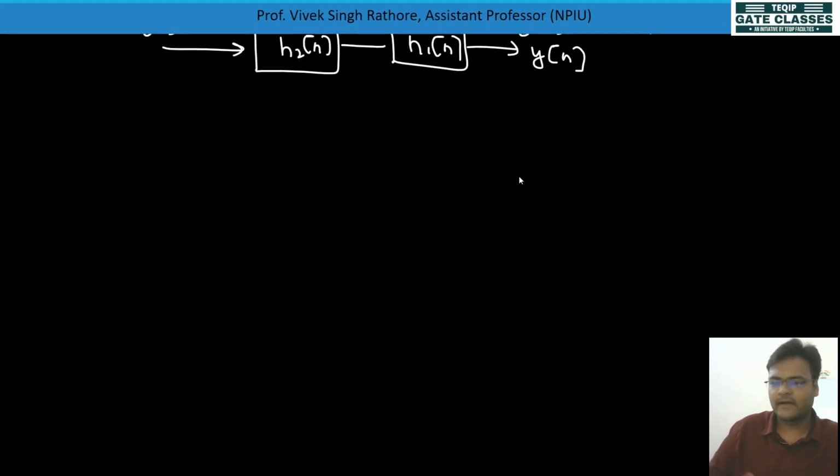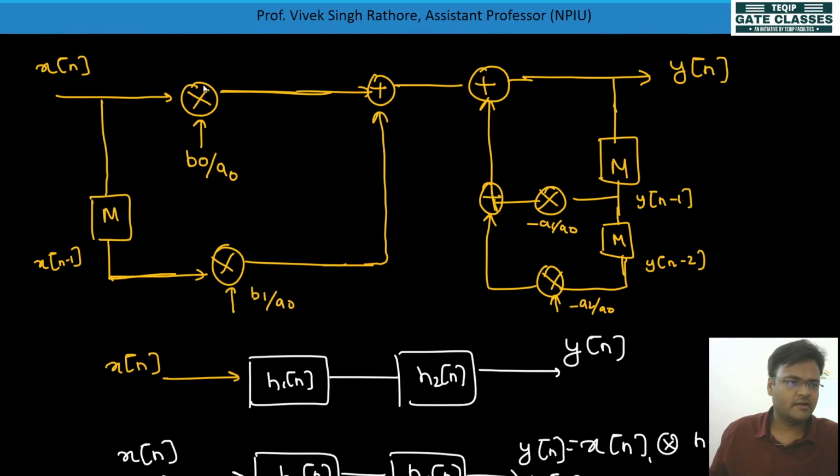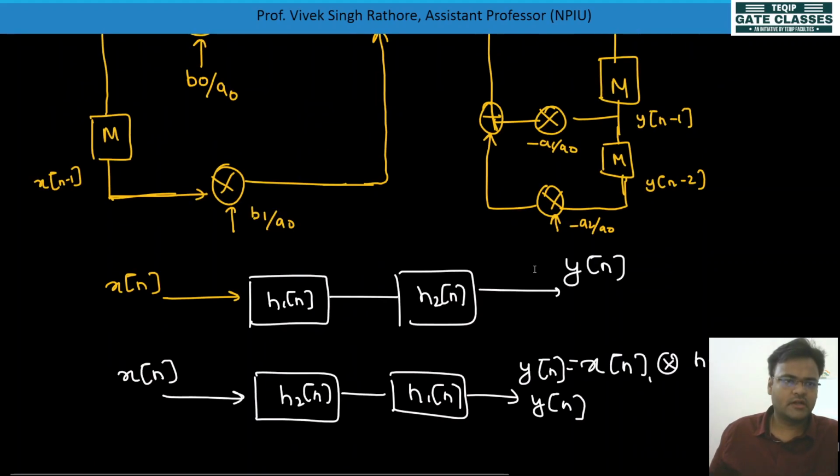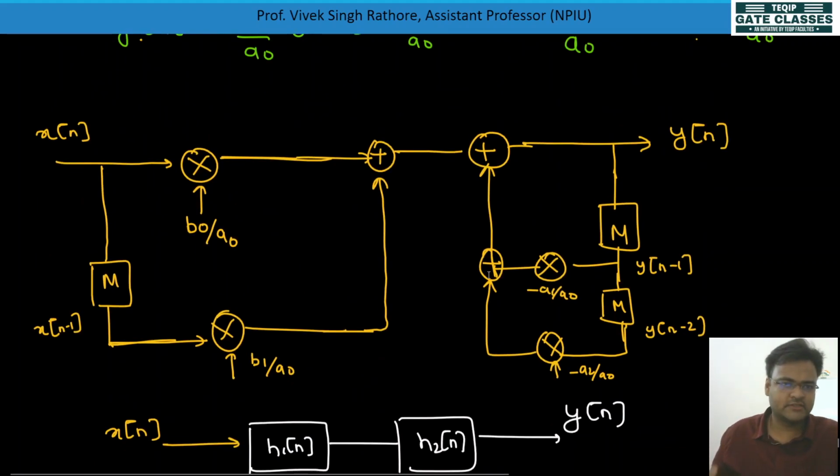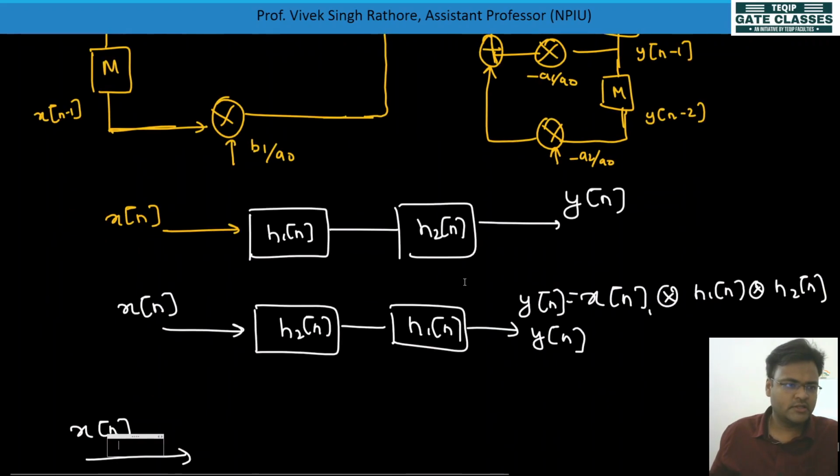See how we can do it. We'll plot x of n here. Now see what we were doing: we'll put the right hand side on the left hand side, just opposite. So see what will happen.